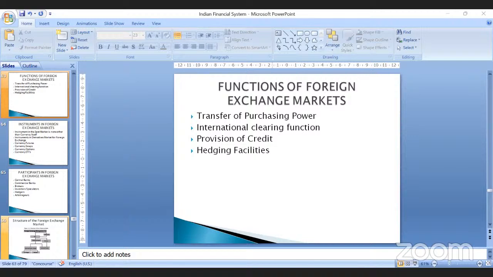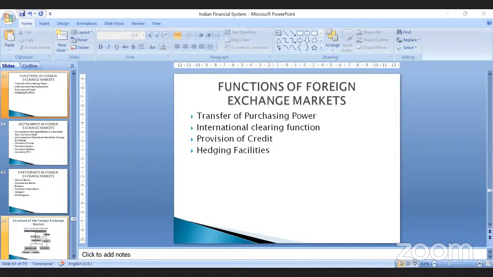Not only that, they help you in the international clearing function. In order to facilitate international trade, the role of foreign exchange markets is very, very important. If you have any settlements or payments, the foreign exchange markets will help you out in clearing them. Not only that, they help you in the provision of credit.